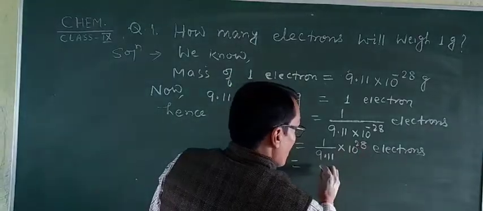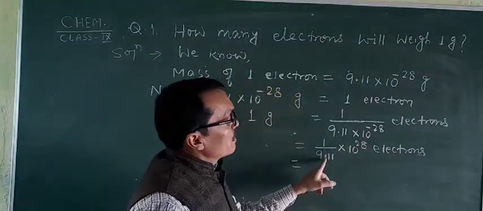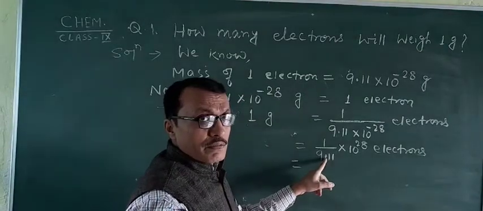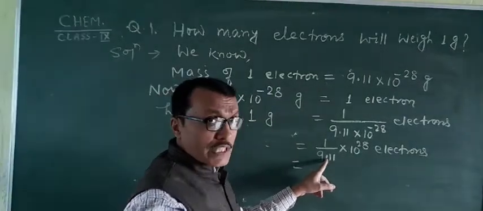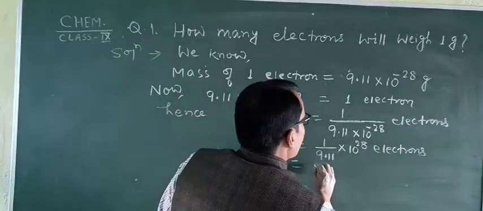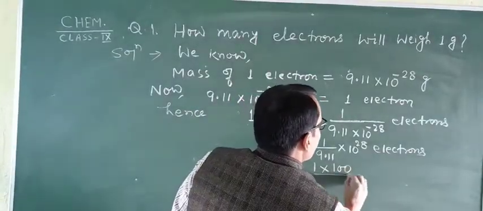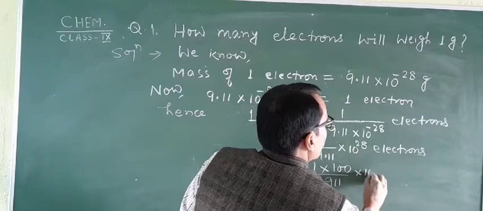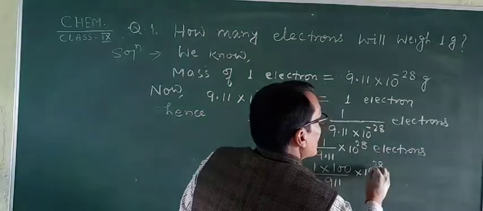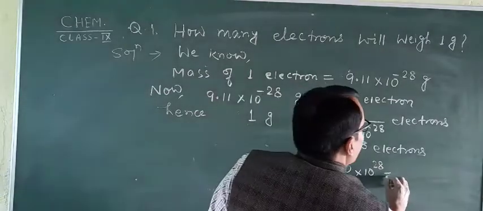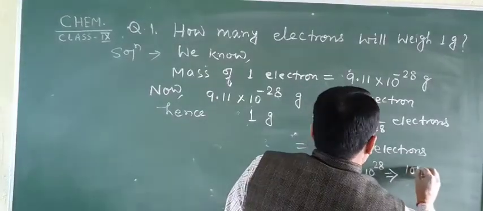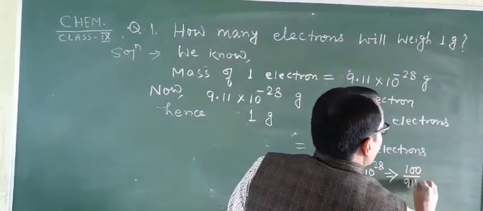Now we have to remove decimal point from this 9.11. So we can write here 1 multiply 100 by 911 multiply 10 to the power 28. And this will be 100 by 911.